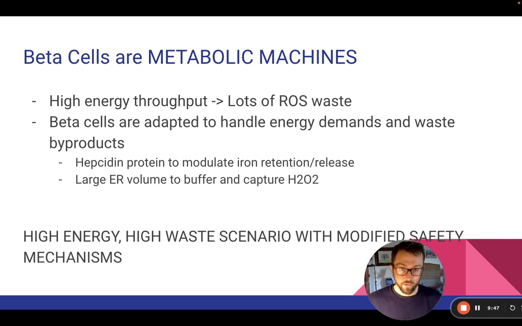That's letting the beta cells know, hey, we need to make sure that you can make insulin. And the beta cells are like, okay, well, if I'm going to make insulin, I've got to make sure the body has enough iron. So that has a unique relationship with both iron retention and release, as well as releasing insulin. Those two things kind of go hand in hand.